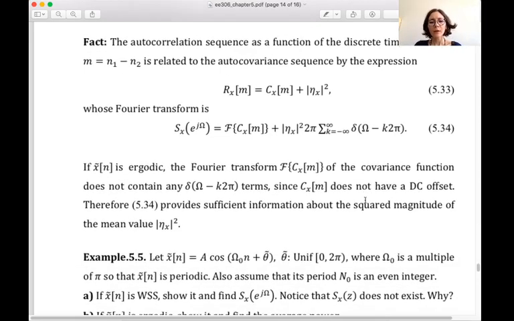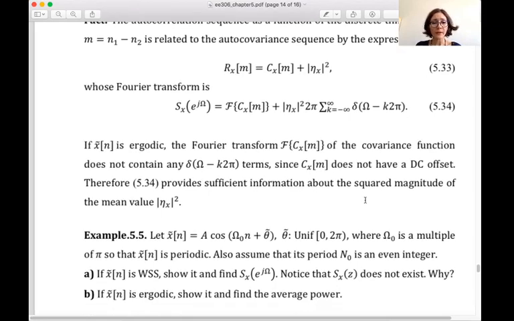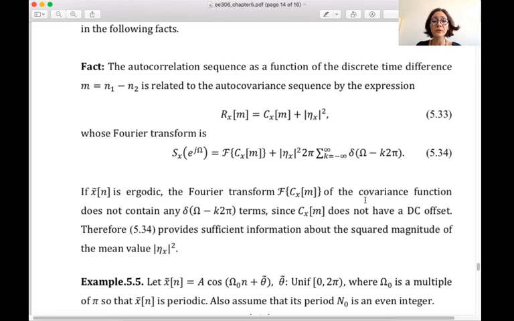Now, when x of n is ergodic, similarly to the continuous time case, we have a special interpretation of the power spectral density. For ergodic processes, the autocovariance function will not have a DC offset. So the DC offset of the autocovariance function will be 0.